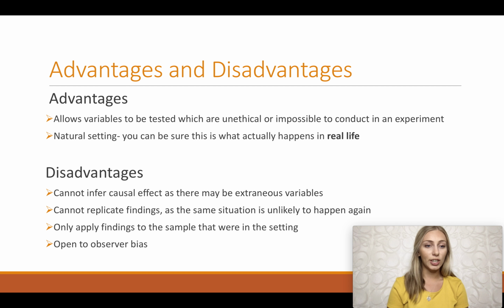The disadvantages of the quantitative observational design are that you cannot infer causal effect, as there may be too many extraneous variables. You cannot replicate the findings because the same situation is very unlikely to happen again. You can only apply the findings to the sample that you had in that particular setting, and it is also open to observer bias.